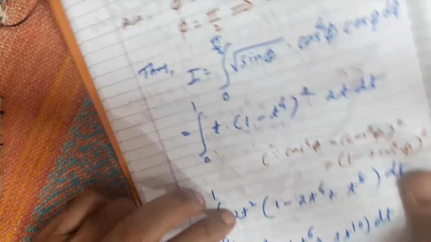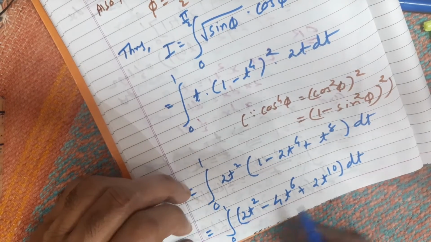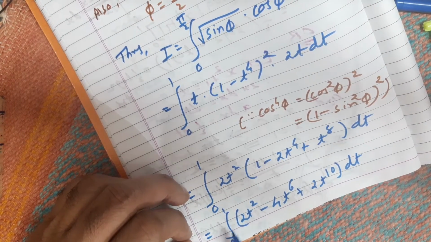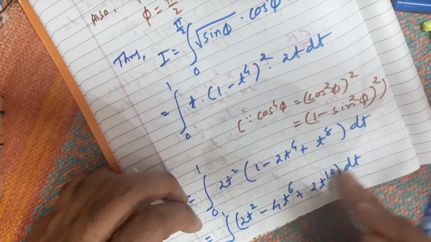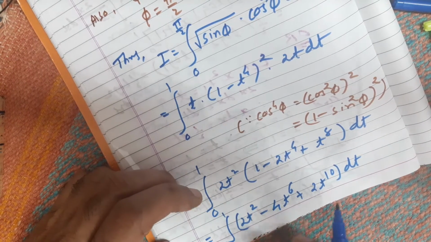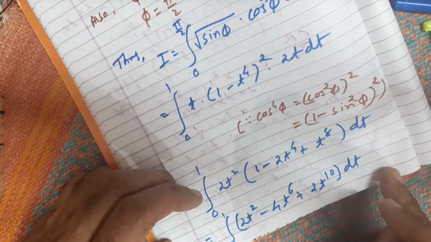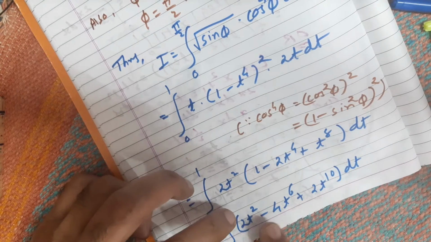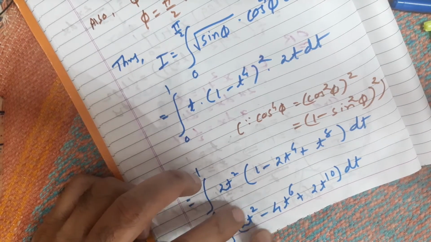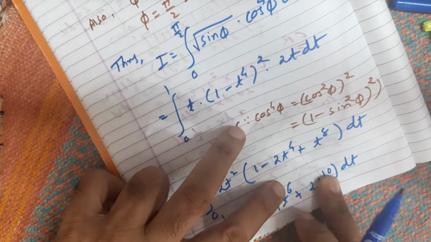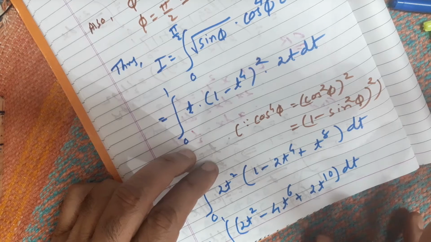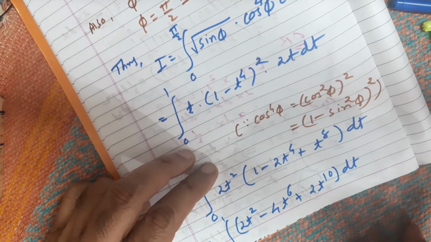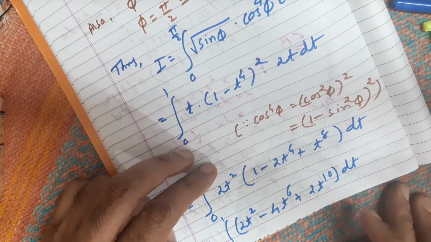Either you take 2 common, which I had actually taken inside, no problem, you can take 2 as it is. And you apply integration directly, and you take integration separately to this term plus this term plus this term, and then also you can apply FB minus FA. Okay, right.